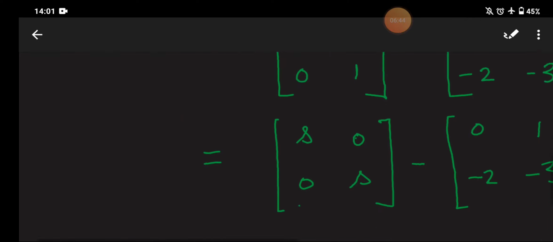So in the next step, step number 2, (sI minus A) inverse is required to be calculated. We have to determine the inverse of the matrix.